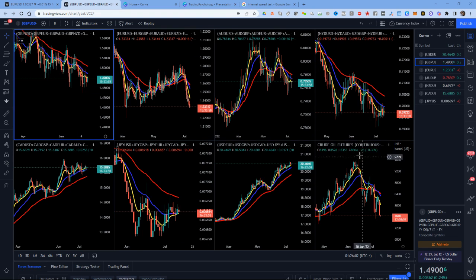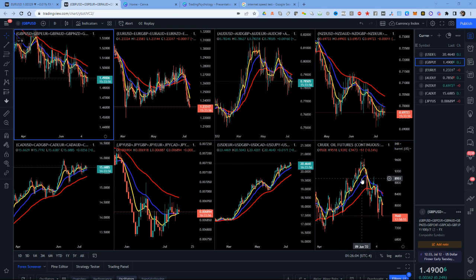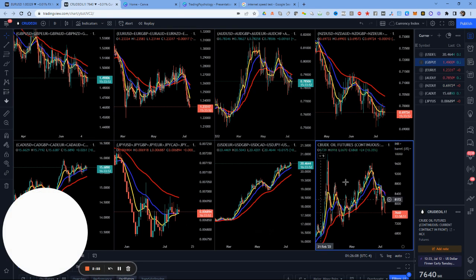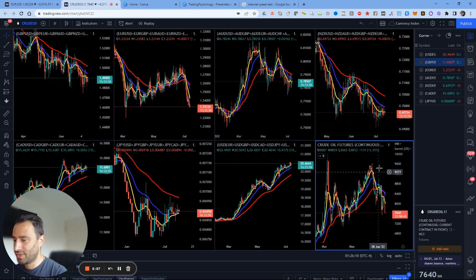I've got 8 slots, so I thought, why not put the crude oil futures price there as well? It is very useful because I like to see what oil is doing, because that affects the Canadian dollar, especially being a big exporter.